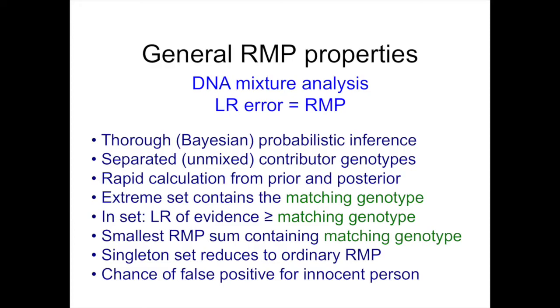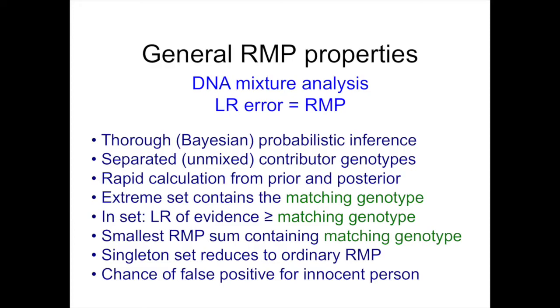We want all the LRs, the strength of evidence, to be as strong against every element in that set as against the matching genotype. We also want minimality. We want the RMP, the sum, to be the smallest possible sum that contains the matching genotype.